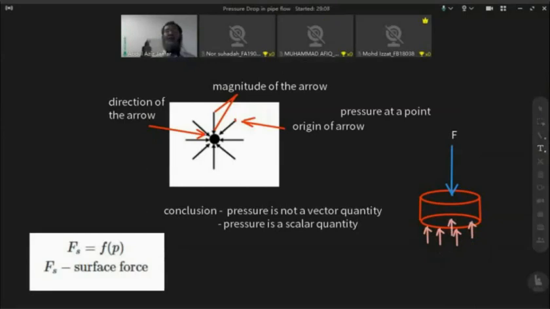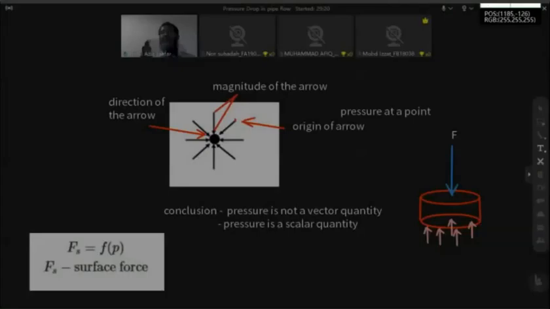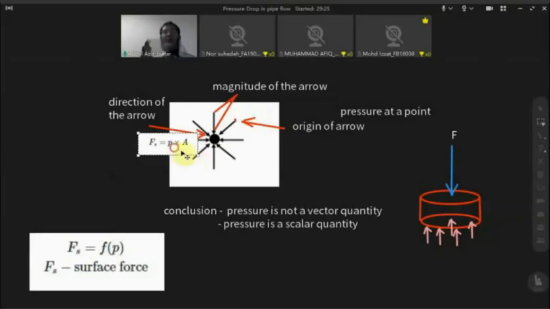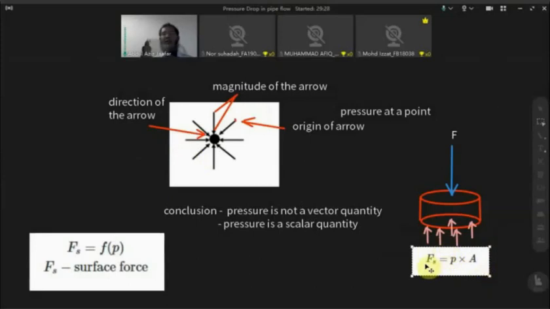So normally pressure is represented as pointing in the direction normal to the force, that single unit force. So this is the reason why we normally represent the pressure with arrows, and the tip of the arrows is always pointing to the surface.